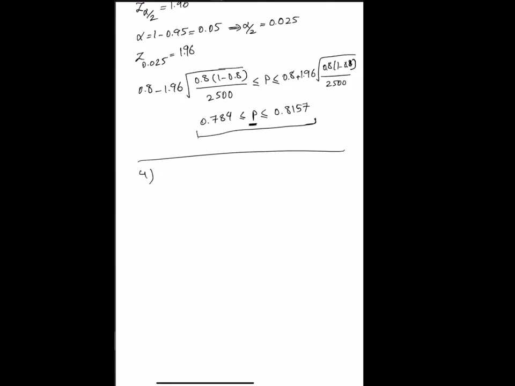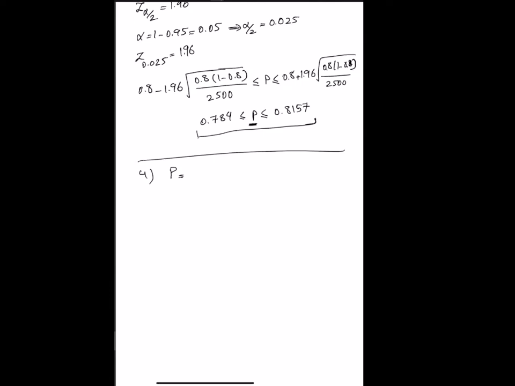Can someone tell me what is the information that is given to us in the first line? So first of all, when we look at the proportion, obviously it says construct a 95% confidence interval for proportion. So this is proportion of what?